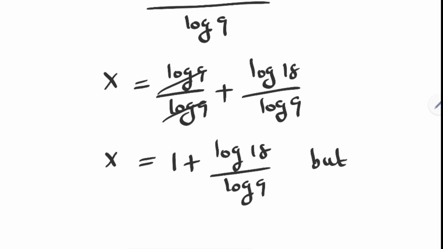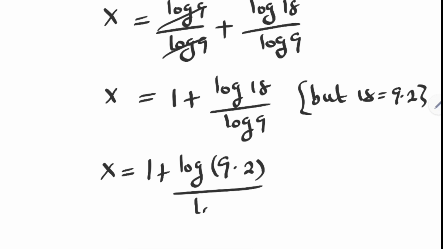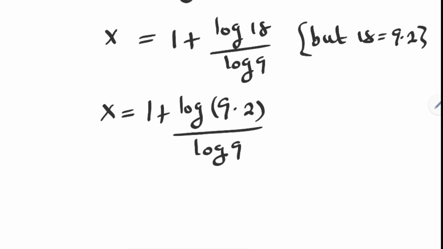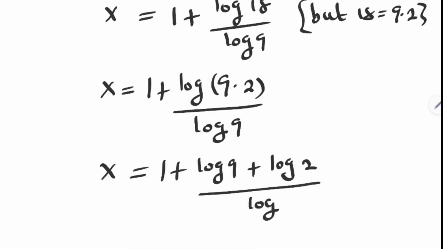But 18 is equal to 9 multiplied by 2. x is equal to 1 plus log 9 multiplied by 2 over log 9. x is equal to 1 plus log 9 plus log 2 over log 9.